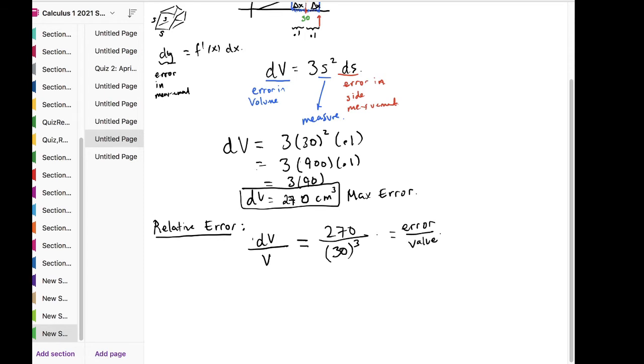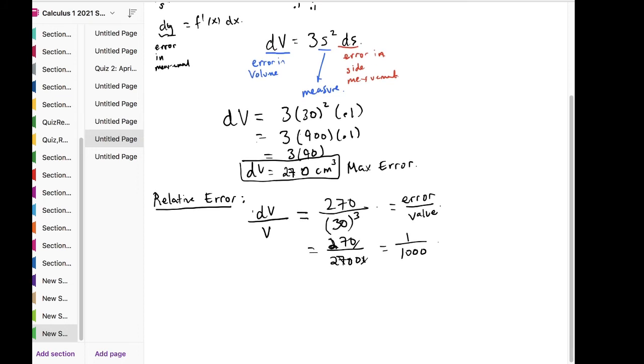Okay, so what is that? 270 over 27,000. Cool, so that's 1/1000th, right? So that looks very nice, relative to the volume. And I think it makes more sense as a percent.